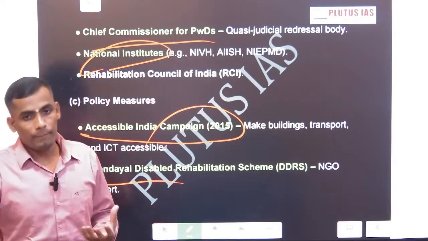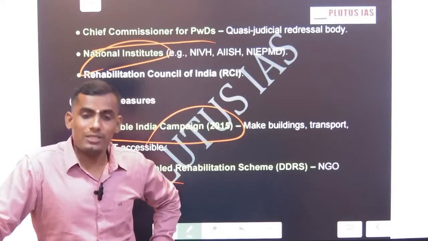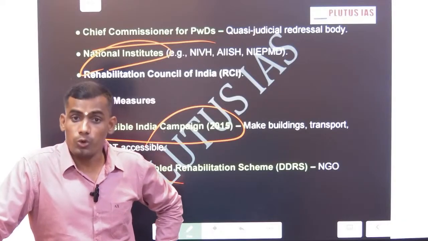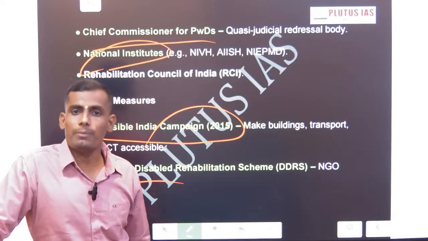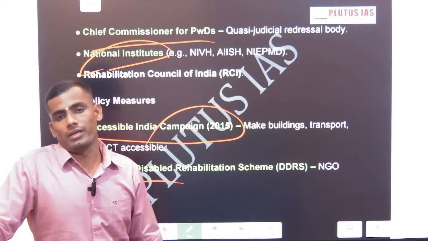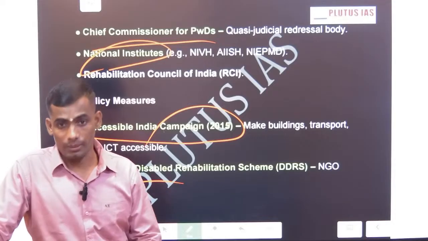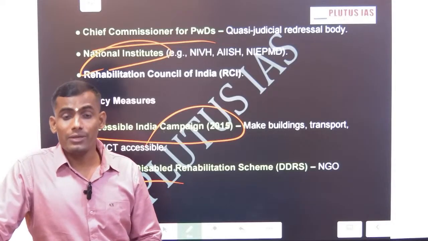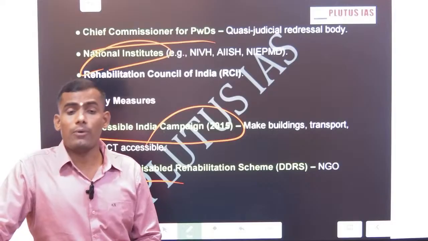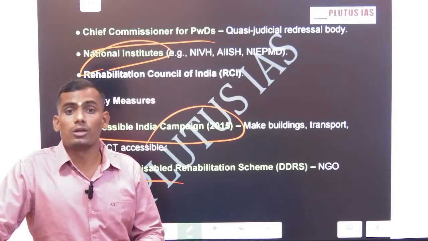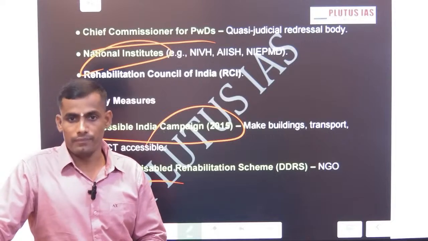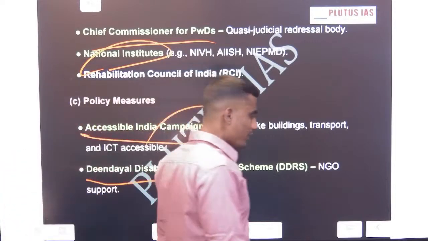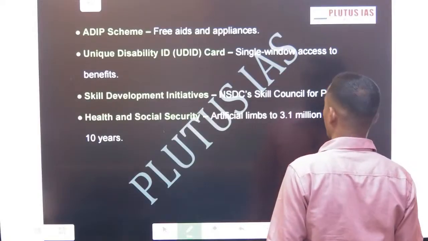Despite these many positive initiatives, there are challenges and issues faced by persons with disabilities. As I discussed earlier: social stigmatization, the digital divide, lack of awareness, then the so-called ruralization of persons with disabilities. These are the issues.